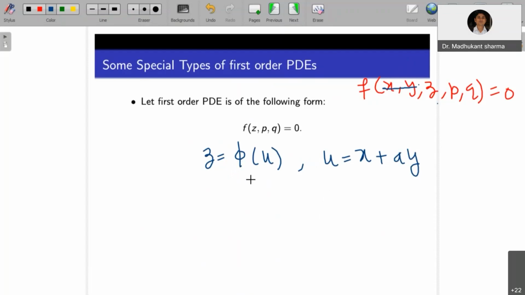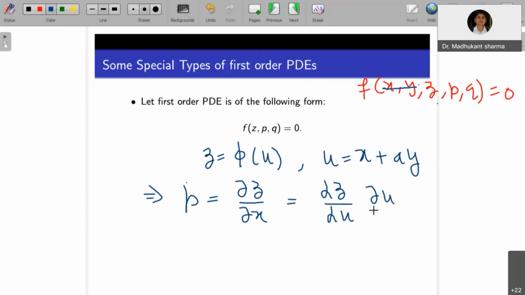Now, how does this help? This transformation u is implicitly a function of x and y. What is p? p is dou z by dou x. But z is a function of u and u is a function of x and y. So dz by du times dou u by dou x, by the chain rule. So that's going to be dz by du.